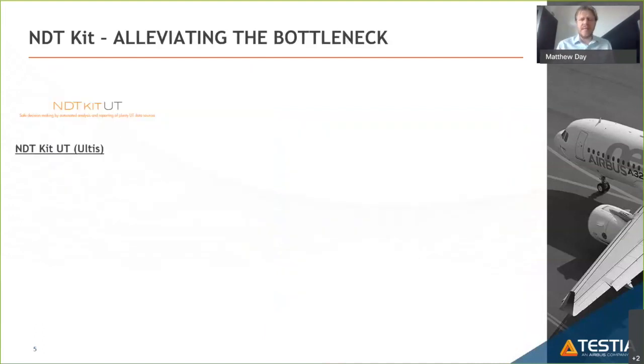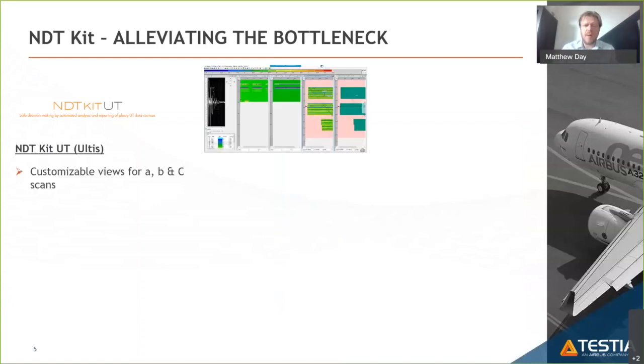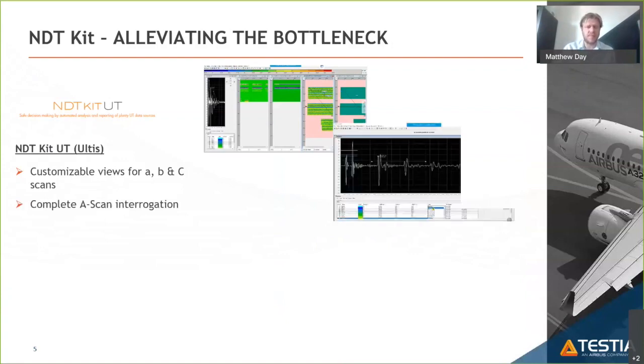Okay, so alleviating the bottleneck. How do we alleviate the bottleneck? So if we take a look at ultrasonics first, first and foremost is to have a customizable view for all scan views, A, B, C, S scans, for example. So completely customizable and can be interpreted by the user.